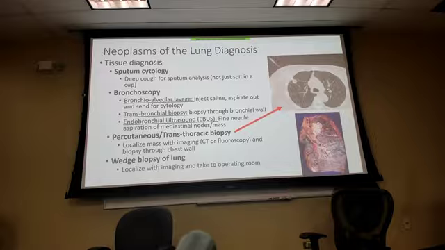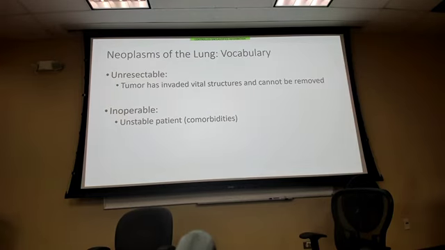We can do that under VATS or open, depending on where that mass is. Again, if it's peripheral, we may be able to get it under a laparoscopic VATS. If it's more central, we may have to go in open and find where that is so that we can take the full lobe. Just depends.